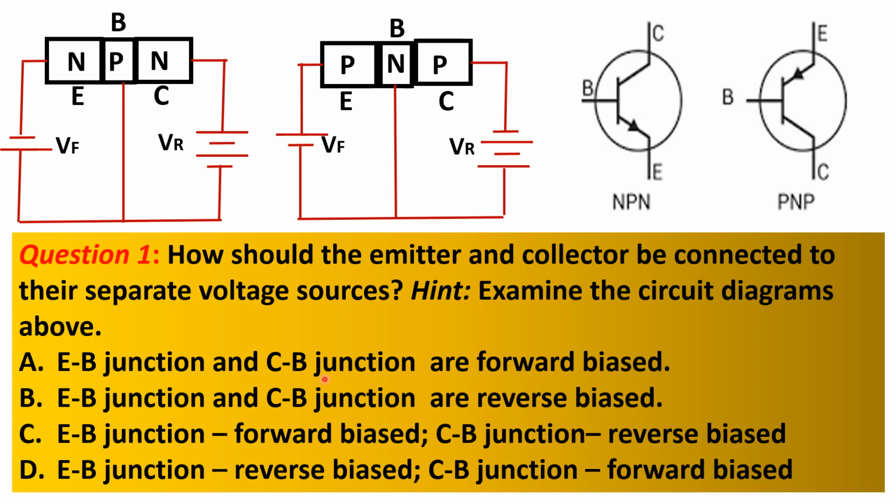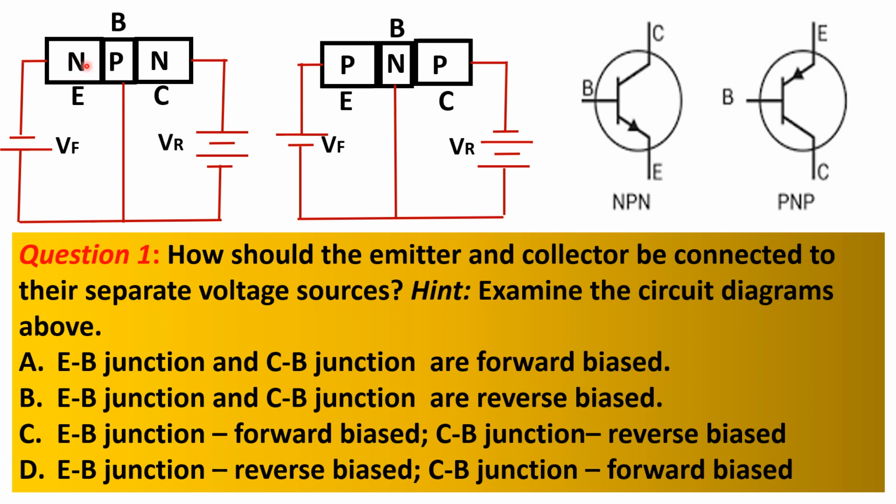So, what do you mean by a forward bias? Let's look at the first illustration for an NPN transistor. You will notice that the N-type layer is connected to the negative terminal of a battery. Now, we know that in the N-type material, it is the electrons that act as the charge carriers.